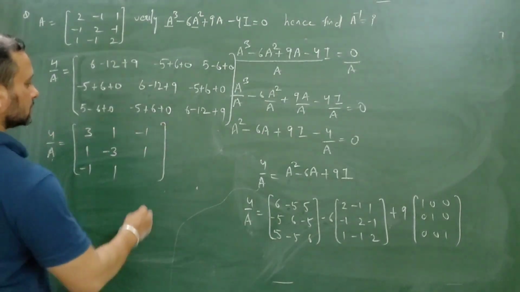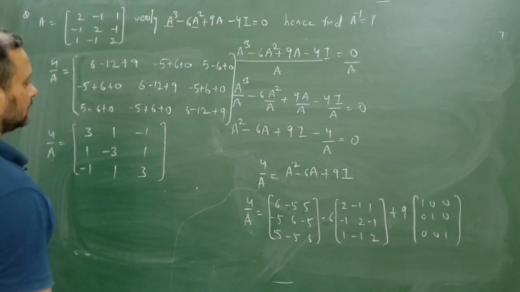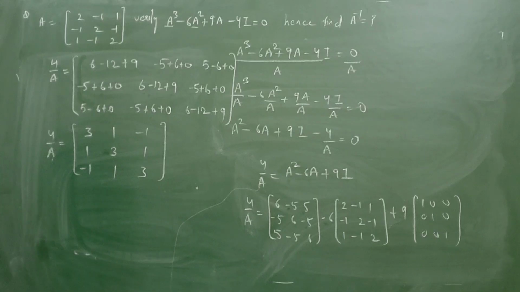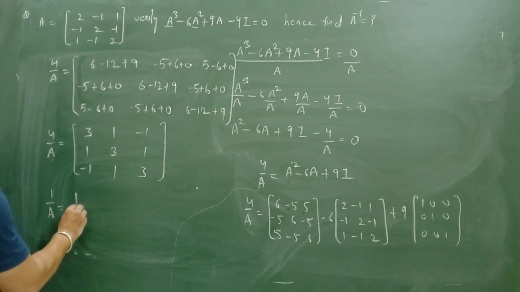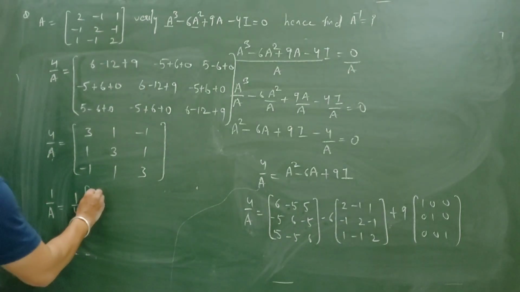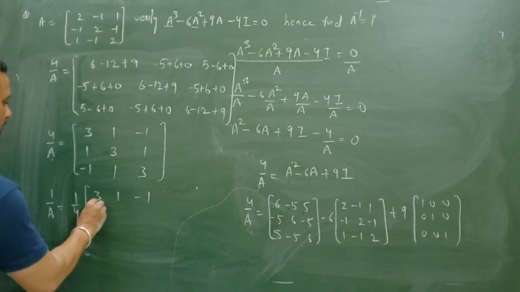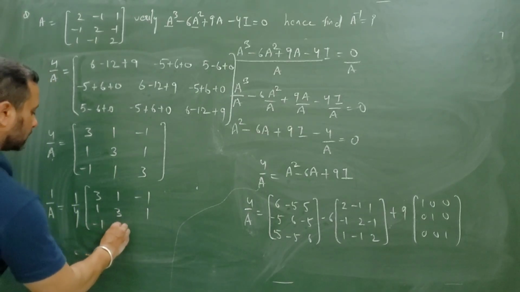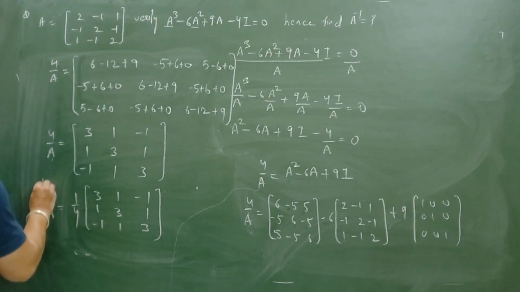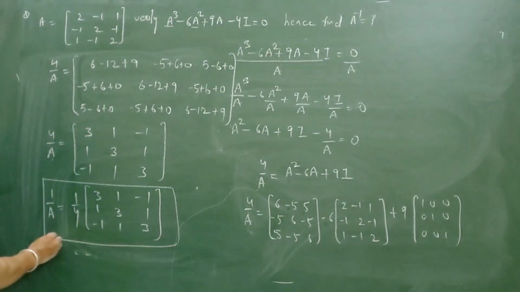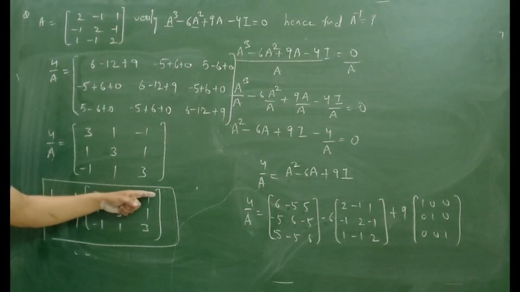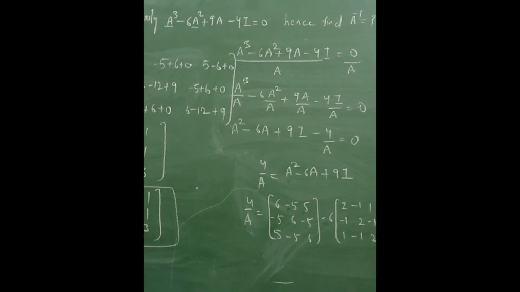This is plus 3. Now the value of A inverse is, by taking 4 to this side, 3, 1, minus 1, 1, 3, 1, minus 1, 1 and 3. So the A inverse becomes 1 by 4 times the matrix, which is this. Please check the answer.